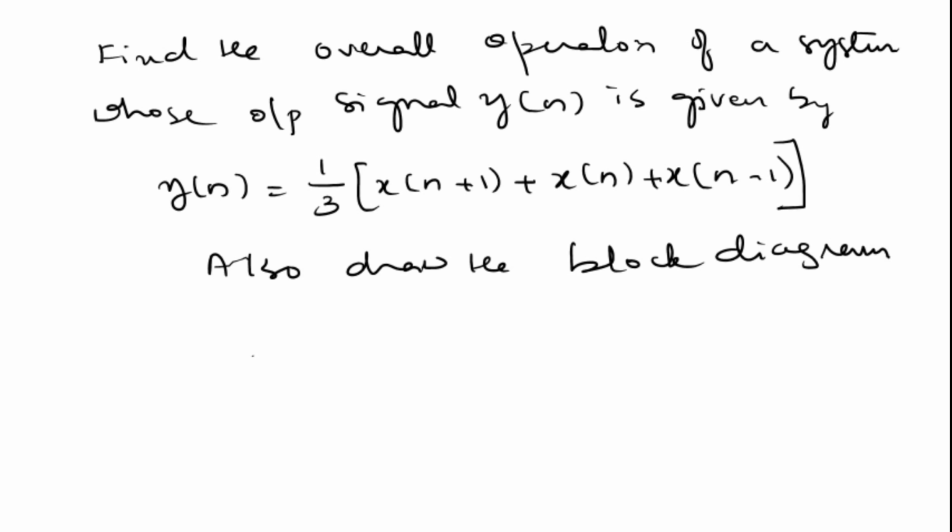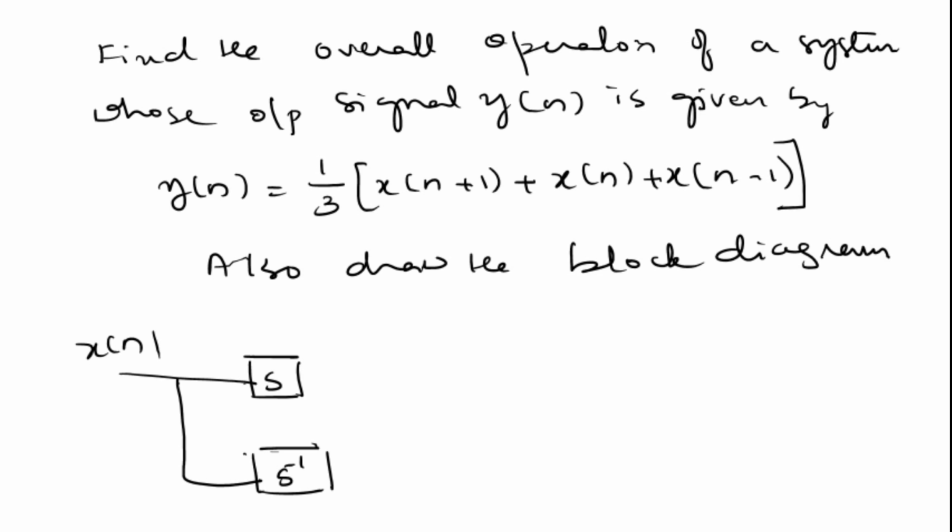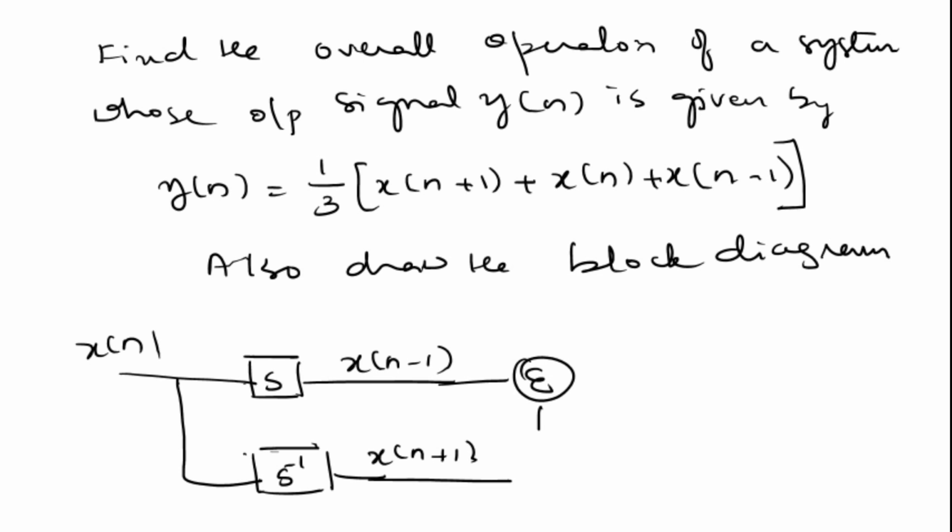So we can draw the block diagram. S inverse, x of n, x of n minus 1, x of n plus 1. We have to put one summation and add all the three, x of n minus 1, x of n and x of n plus 1.